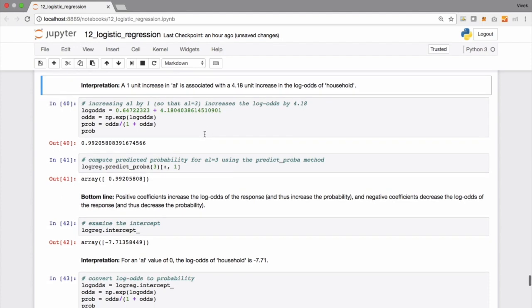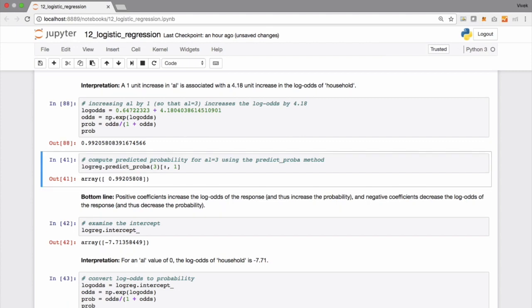So this tells us that increasing AL by 1 increases the log odds by 4.18. In our previous example, we took AL to be equal to 2, and this time we take it equal to 3.